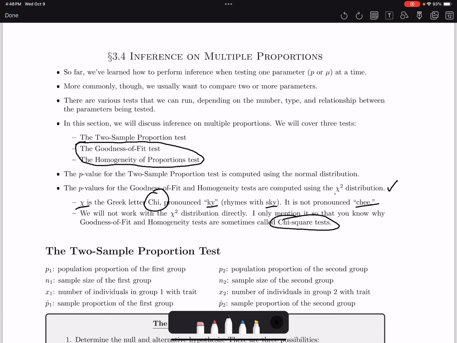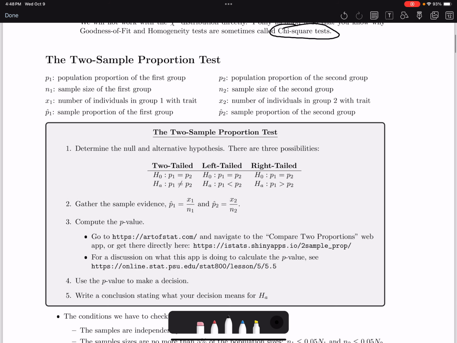So starting with the two sample proportion test. First of all, just notationally, because in a two sample proportion test, we're going to be comparing two groups, we need to use subscripts to differentiate between the groups, right? So we'll use subscripts of 1 to represent the first group and subscripts of 2 to represent the second group.